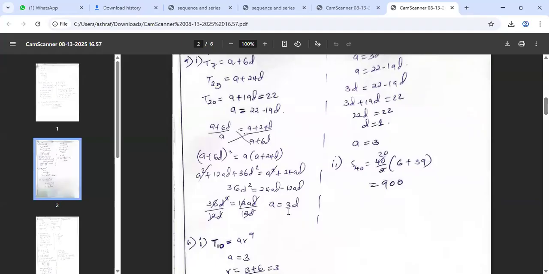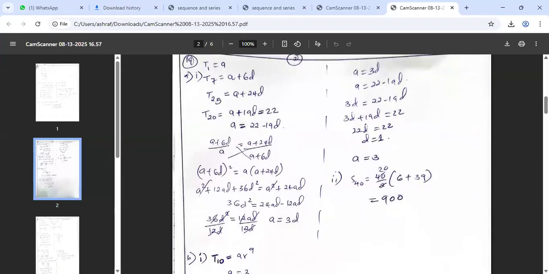Then we had been told that the 20th term is equal to 22. So I've just made A the subject in the 20th term.